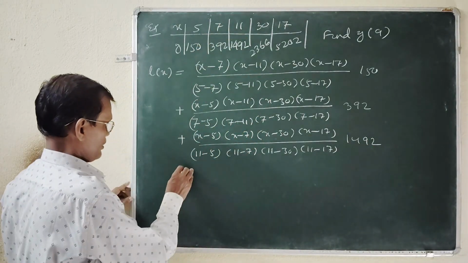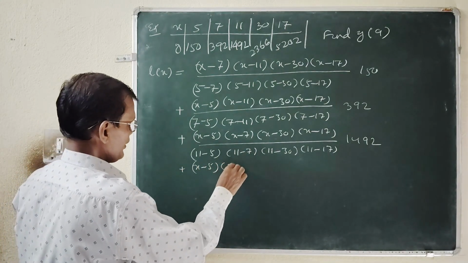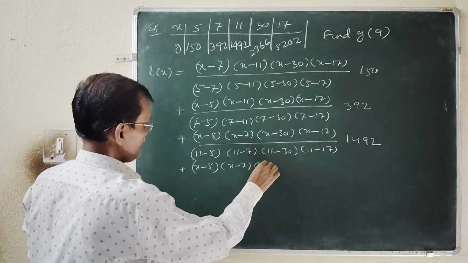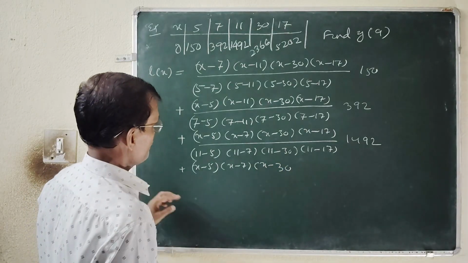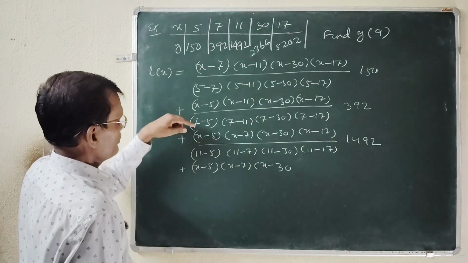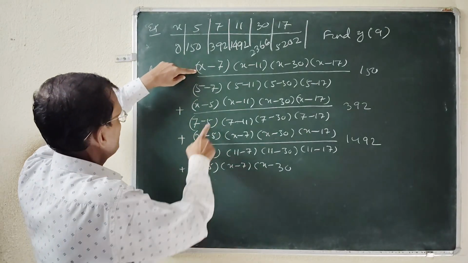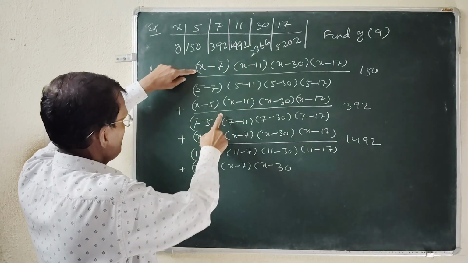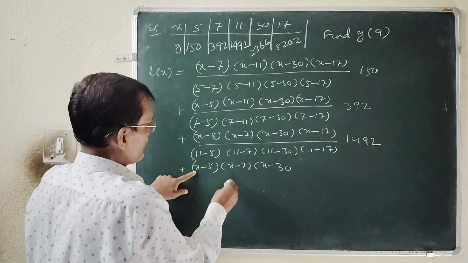Then consider 13: x minus 5, x minus 7, x minus 11. For the first term we neglected 5, for the next term we neglected 7, for the next we neglected 11, and for this term we have to neglect 13.